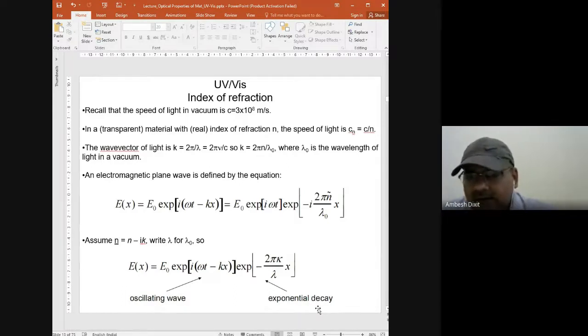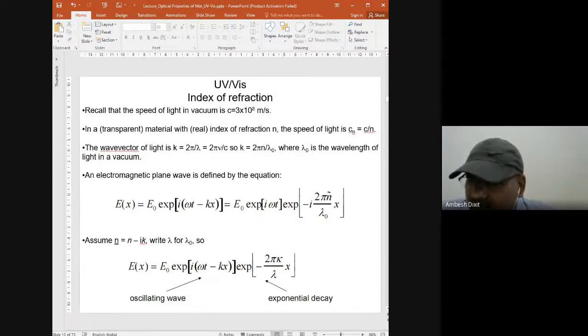So if I recall, whatever the speed of light is, in a transparent material where the refractive index is n, the speed of light will reduce, right? It will be c by n. The corresponding wave vector is 2 pi by lambda, and lambda is nothing but v over nu.